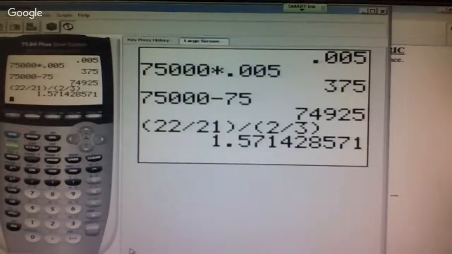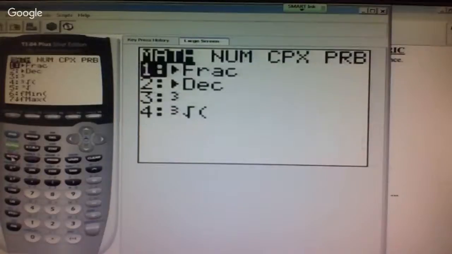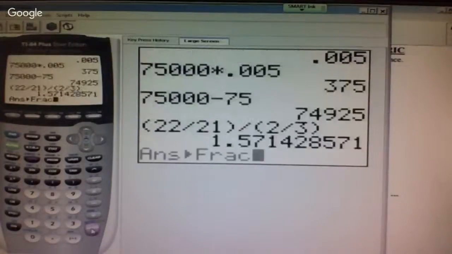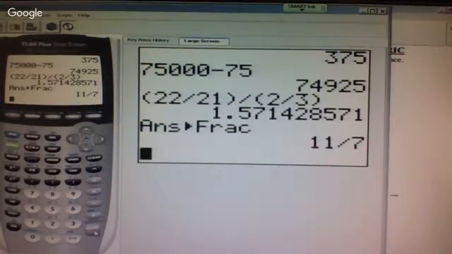You cannot cut this off before you change it to a fraction. So once you get this answer, you literally just want to hit math, choice number 1, and change it to a fraction. Did you cut it off and do 1.57 and try to change that to a fraction? Yeah. Okay. So you want to keep it, because this keeps it as accurate as you can. If you cut it off to 1.57, it's no longer fully accurate.